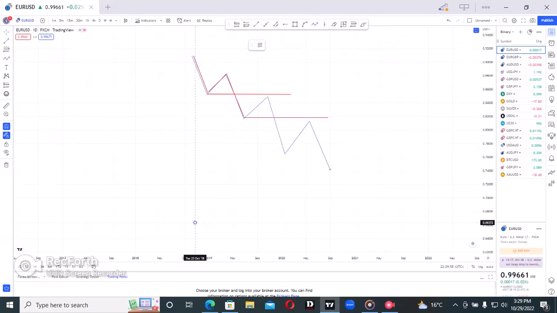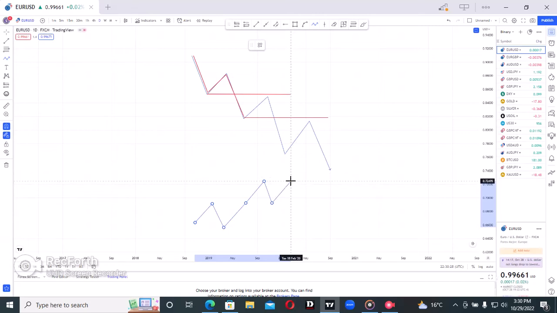Once we have a breakout, that's where we're going to say this market is going to give us a downtrend. If this market was moving just like this, just like this, this is not an uptrend. We are going to say this market can move in an uptrend once we have a breakout. And then once we have a breakout, we are going to expect that this market is going to give us a retracement and then continue to move way up, you see.